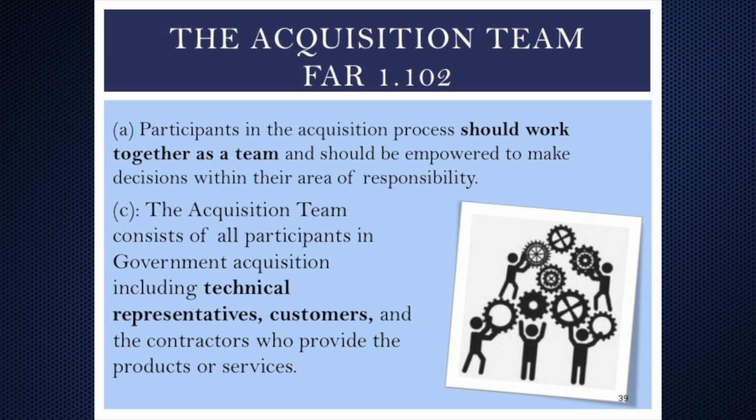It says the participants in the acquisition process, which is the contracting process, should work together as a team. They should be empowered to make decisions within their area of responsibility. I want to focus on that clause at the end there, empowered to make decisions within their area of responsibility.